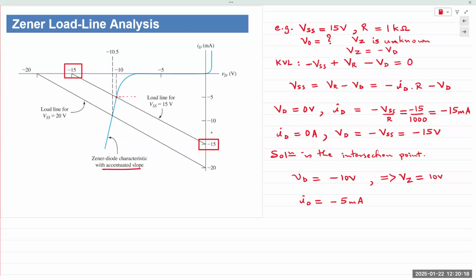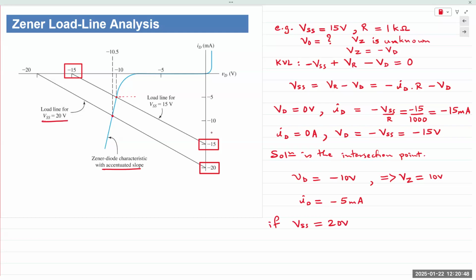If our supplied voltage is 20 volts, then the line shifts, and that is indicated right here. So if VSS, or supply voltage, is equal to 20 volts, the linear line remains the same, but it shifts. And now my intersection point is right here.